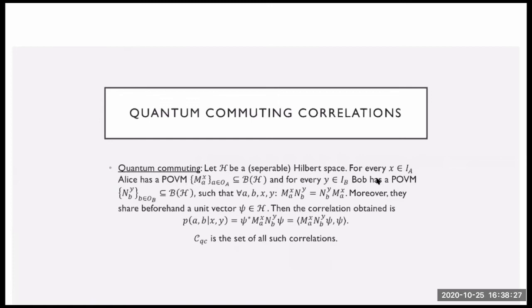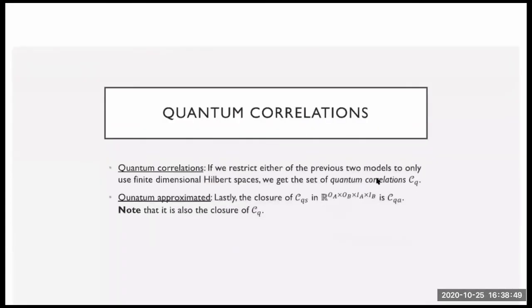So you can replace this H with HA tensor HB, maybe other HA and HB, but in that case this decomposition exists. We will go through it. We will just prove at some point that when we restrict to the finite dimensional case, we get the same thing.